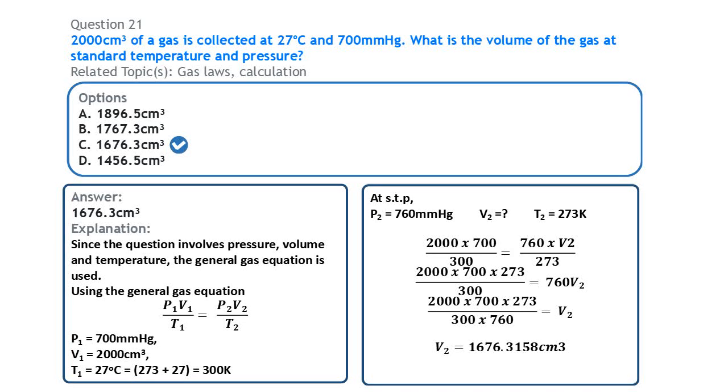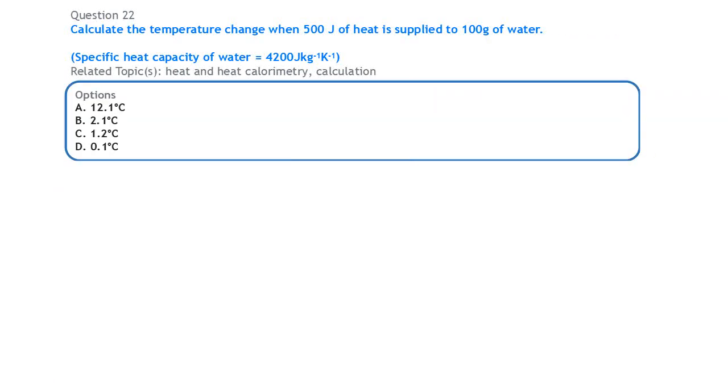So you have 2000 times 700 times 273 divided by 300 times 760. So by the time we evaluate this, we'll be getting 1676.3158 centimeter cube, or approximately 1676.3 centimeter cube.